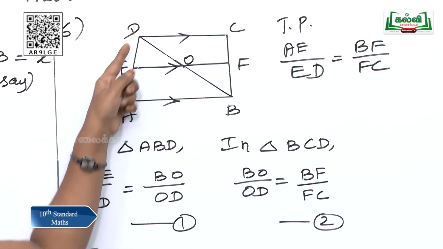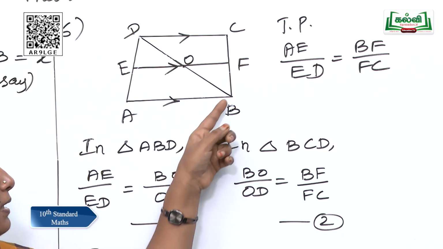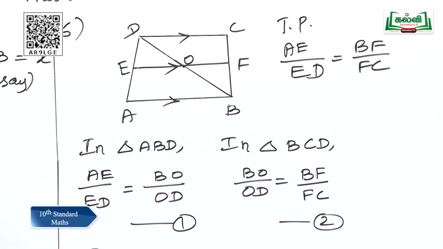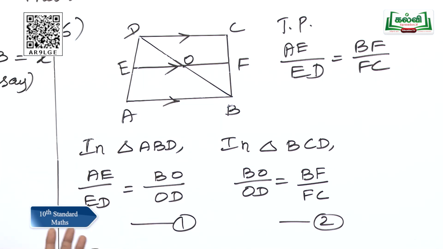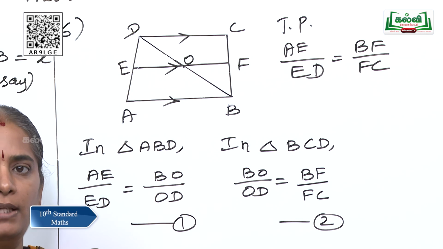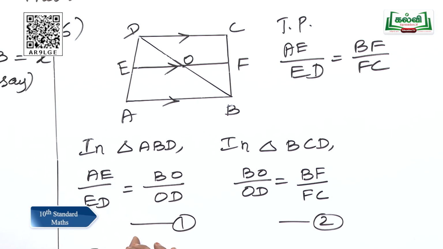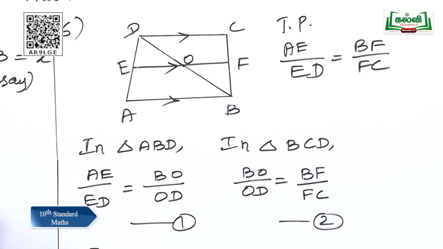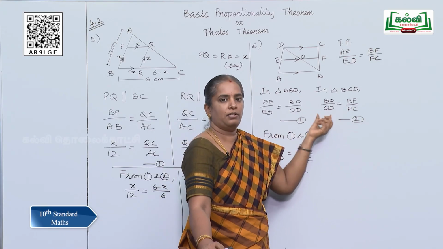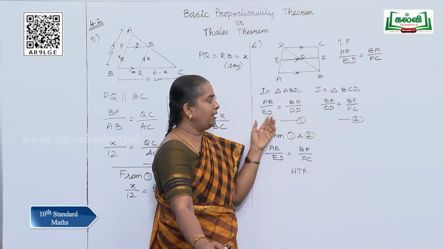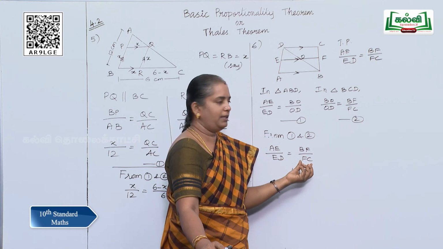In the next triangle, that is triangle BCD, we can say that BO by OD is equal to BF by FC. Since OF is parallel to CD, we can apply Thales theorem. By applying Thales theorem, we have got this equation. So, look at these equations 1 and 2. We have one side as common, that is BO by OD is the same ratio in both the equations. So, we can equate the other sides as AE by ED is equal to BF by FC, which is to be proved.